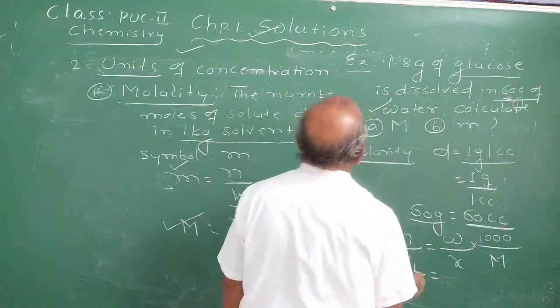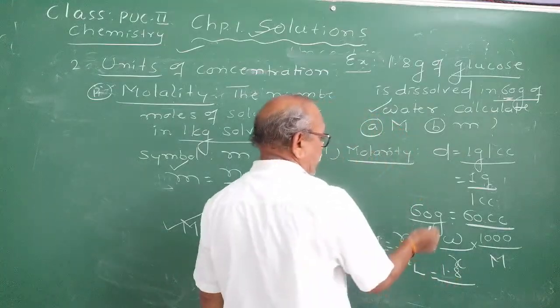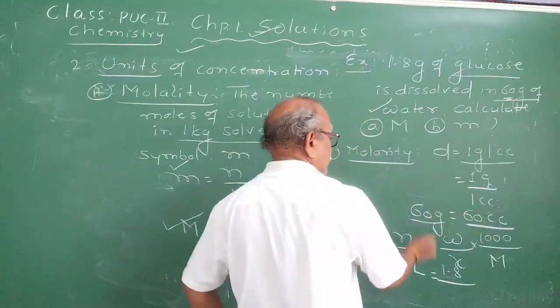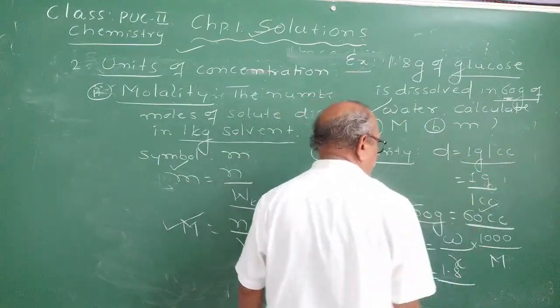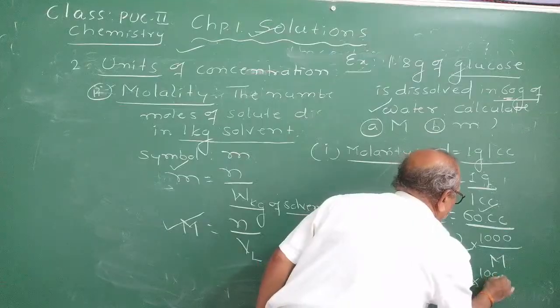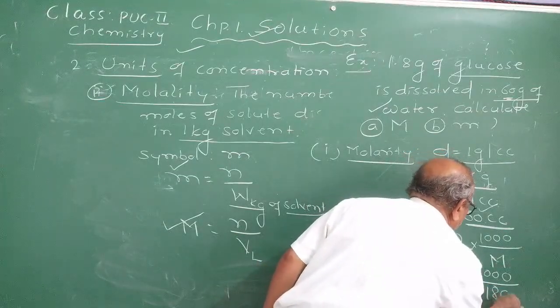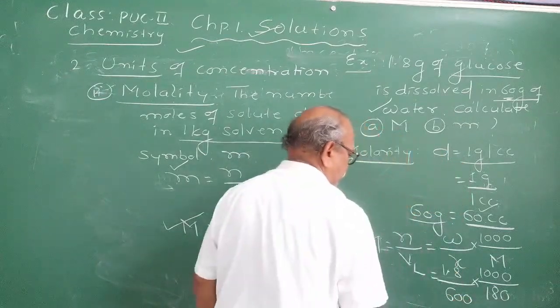Mass is 1.8. The volume of the solution is the same as 60 grams of water, since the density is 1 gram per cc, so take it as 60 ml. We get 1.8 upon 180 into 1000 upon 60. Very simple question, my dear students. Cancel the decimal point, you will get 600.